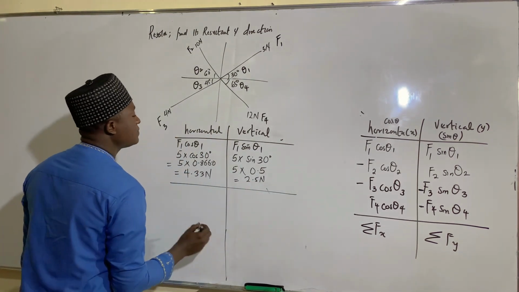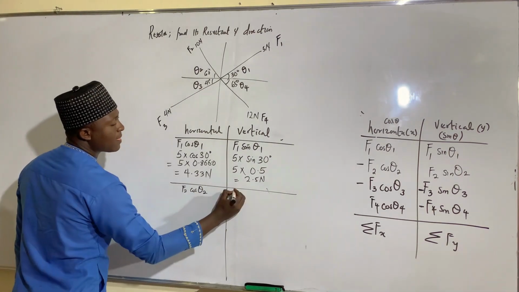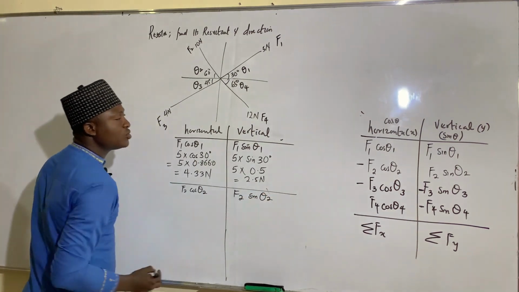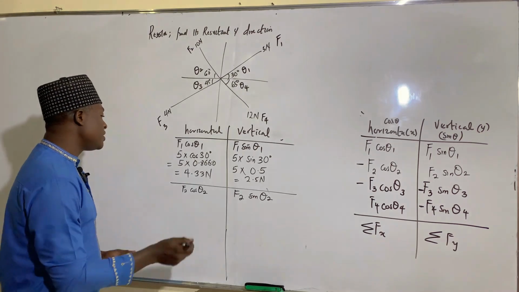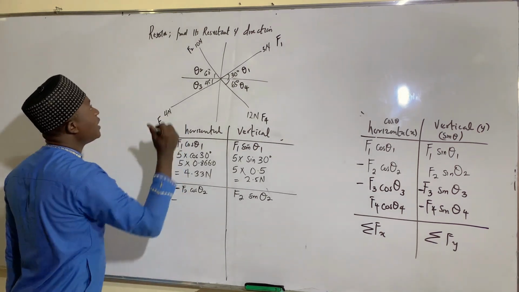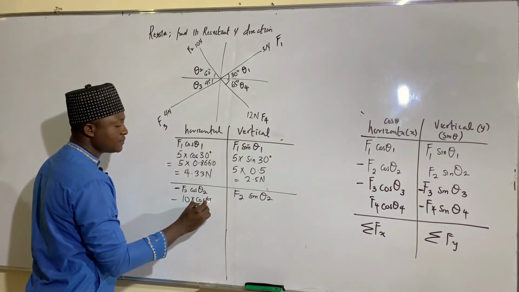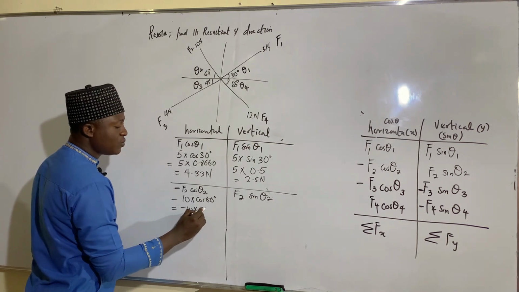So the second one, that's F2 cos theta 2. And here we have F2 sin theta 2. And I told you in the second quadrant, cos must be negative. So that's why we put negative here. So here we have minus F2 I have is 10 multiplied by cos 60 degree. So if you do that, minus 10 times cos 60 is 0.5.